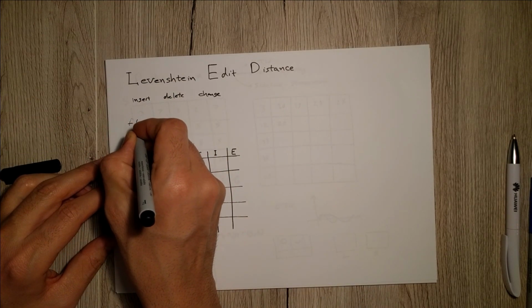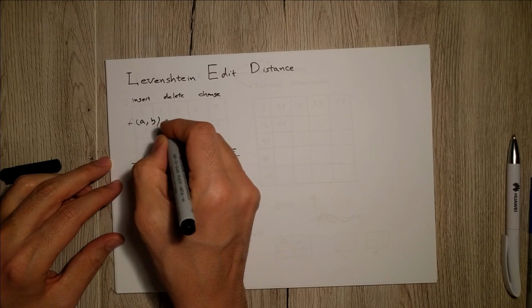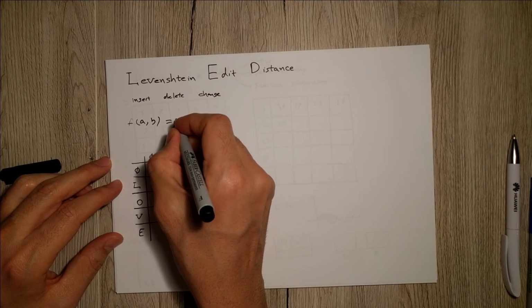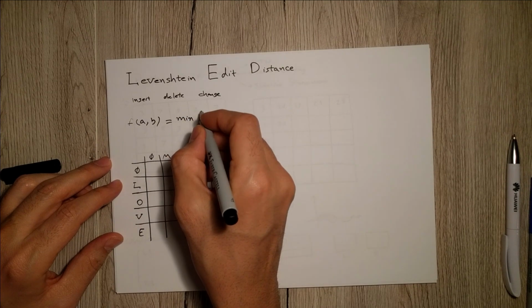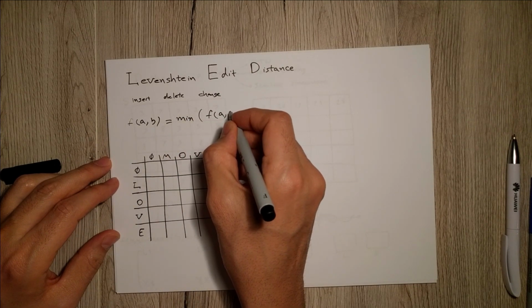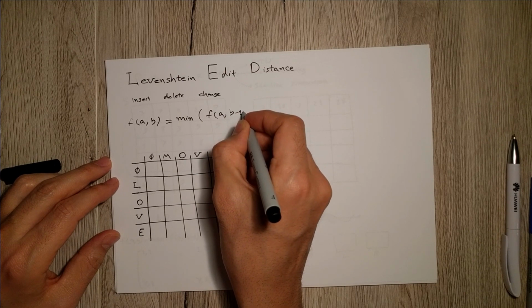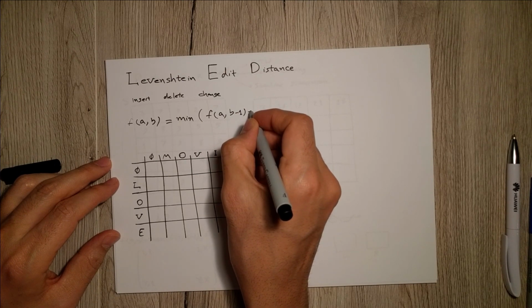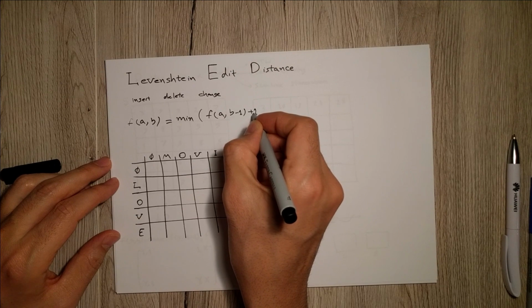So f of a and b gonna be a minimum of f of a, b minus 1 plus 1.